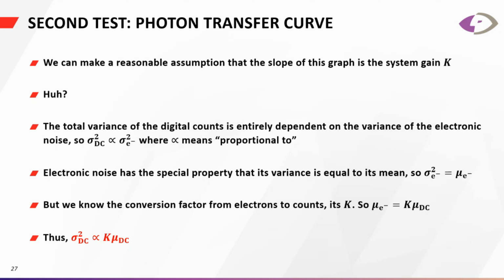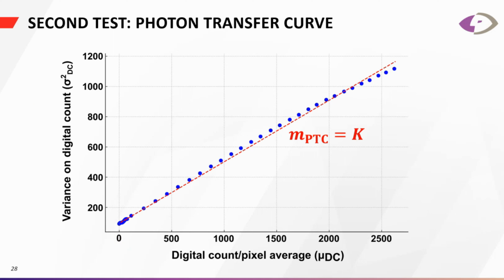And it turns out that the slope is actually not just proportional to, but it is exactly the system gain. So the slope of this graph of the variance of the digital counts with respect to the average of the digital counts is just the system gain.